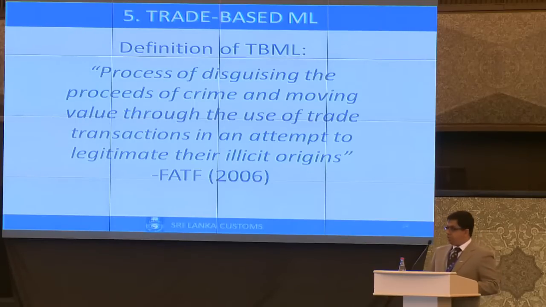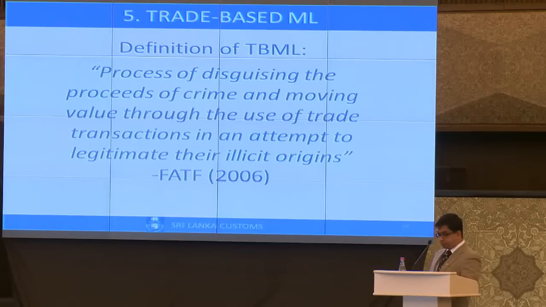This is the definition of trade-based money laundering. It is the process of disguising the proceeds of crime and moving value through the use of trade transactions in an attempt to legitimate their illicit origins. There are several methods used in trade-based money laundering.